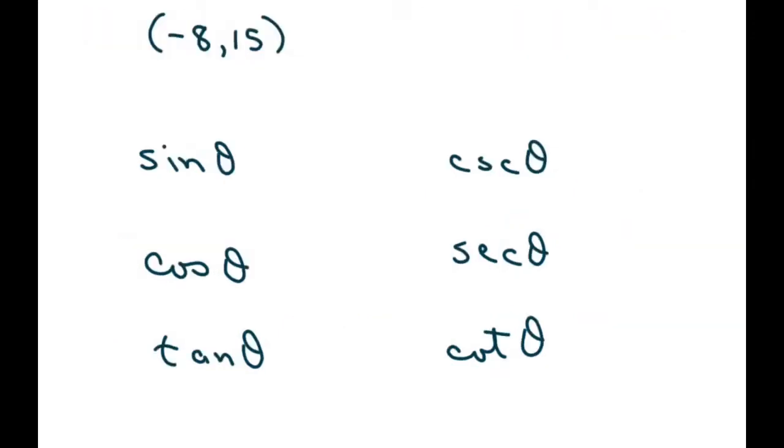Okay, the next one's very similar. This is a Pythagorean triple because 8 squared plus 15 squared equals 17 squared. So our r equals 17. And we do the same thing here.